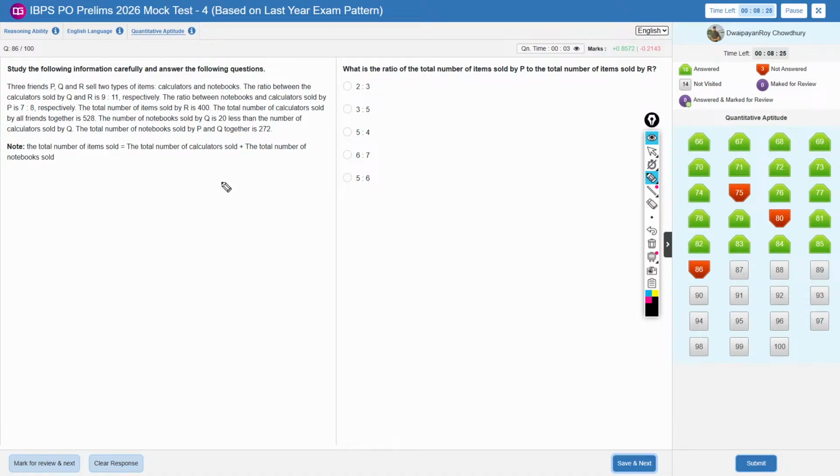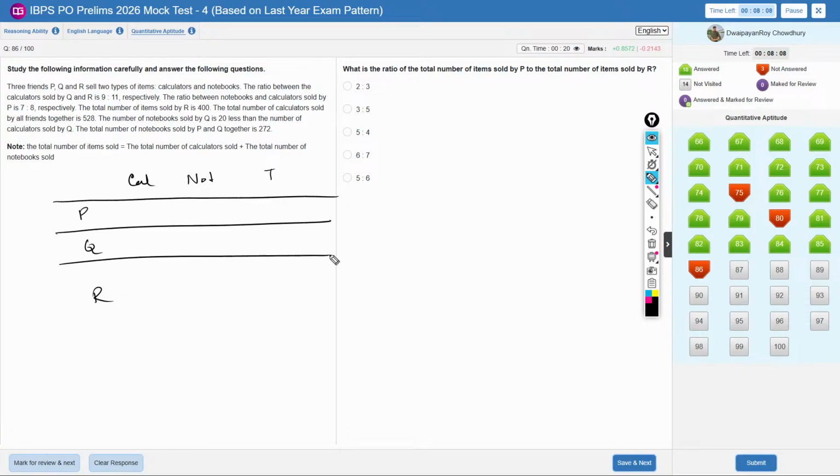Ratio. Okay, so a caselet DI seems to be a nice one. P, Q, R, calculator and notebook. Let's do it. So P, Q, R, calculator, notebook, total. Hope the questions will be kind to me.